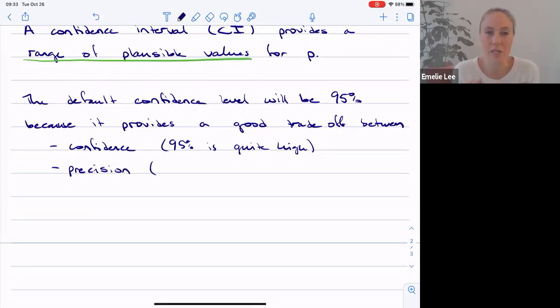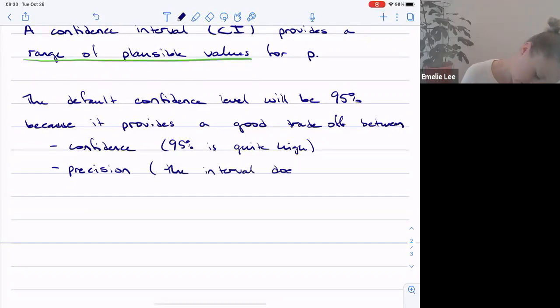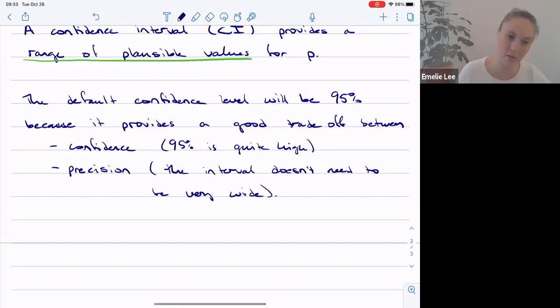The interval doesn't need to be very wide. Okay.